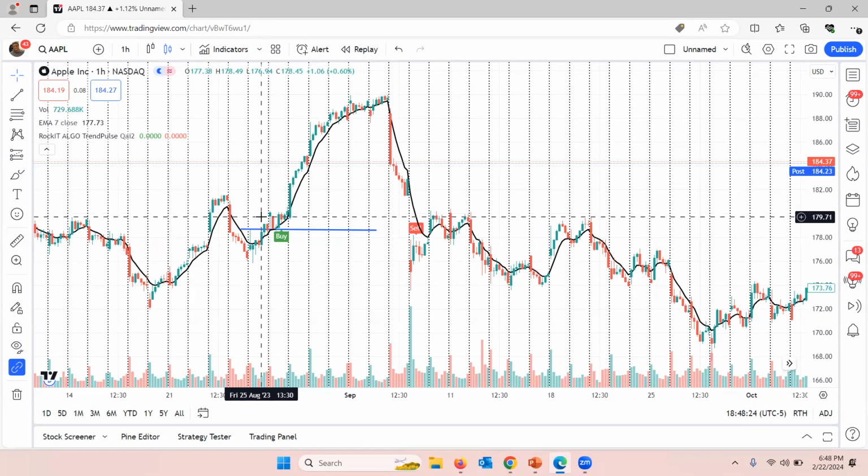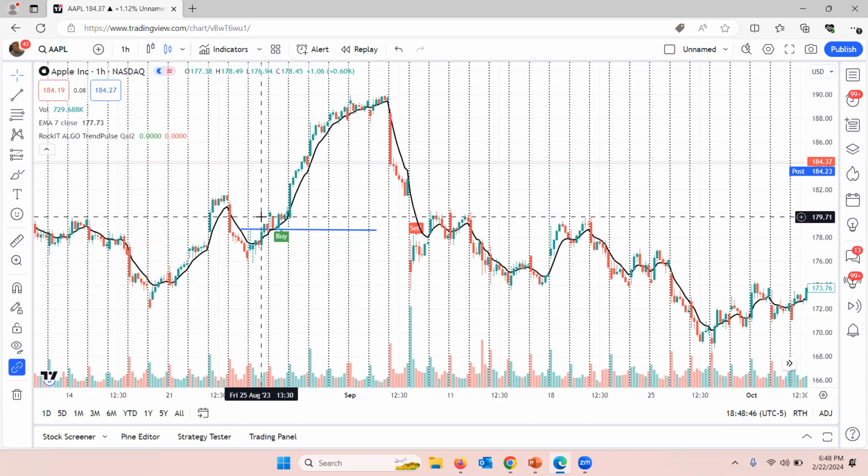The most important condition is this: when a candle is going up on an uptrend, if there is a candle that closes below the 7 EMA, that would be our first order of business. That means there could be a change of trend or even a continuation of trend.